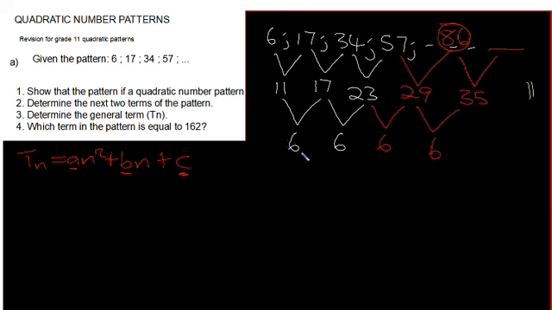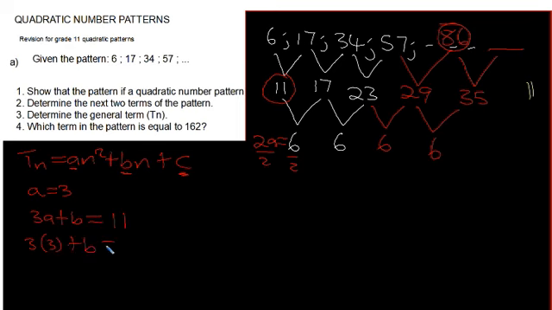To get a, 2a should be equal to 6. Divide both sides by 2, so a is equal to 6 divided by 2, which is 3. Then for the first term in the first line of differences, 3a plus b is equal to 11. With a as 3, this is 3 multiplied by 3 plus b equals 11, so 9 plus b is equal to 11.